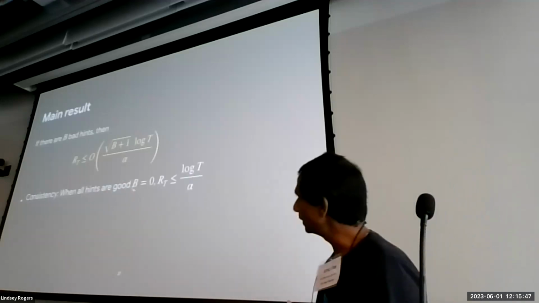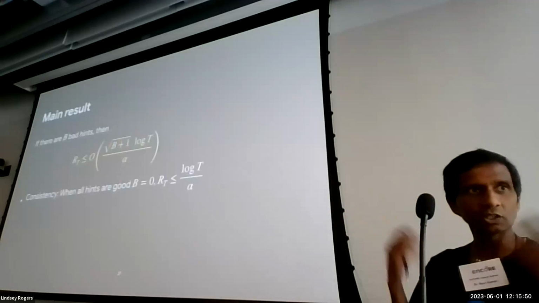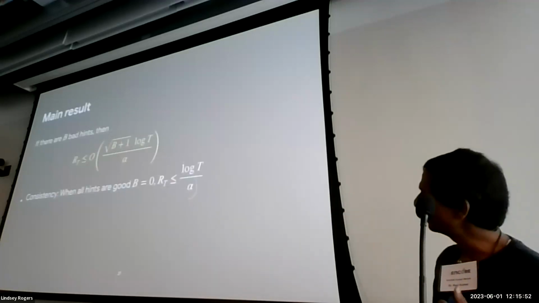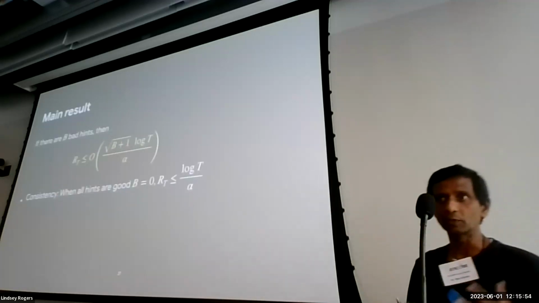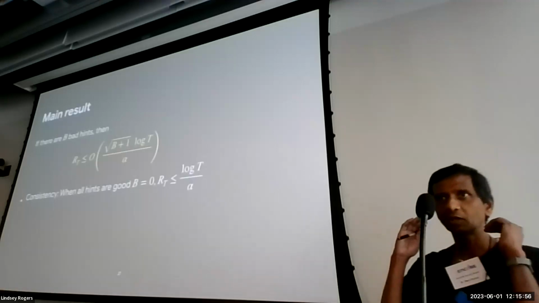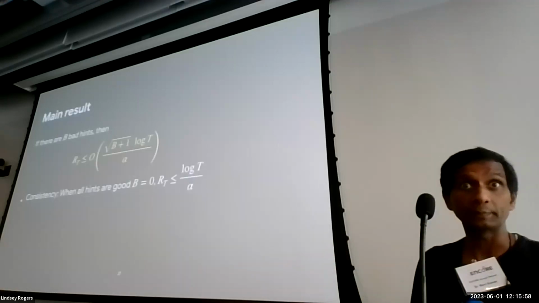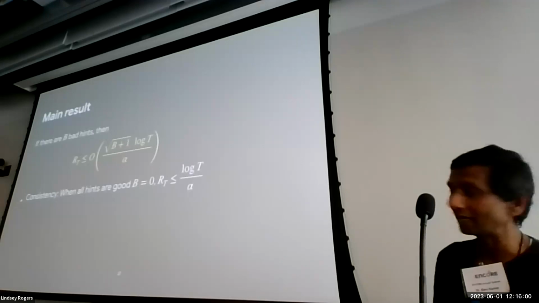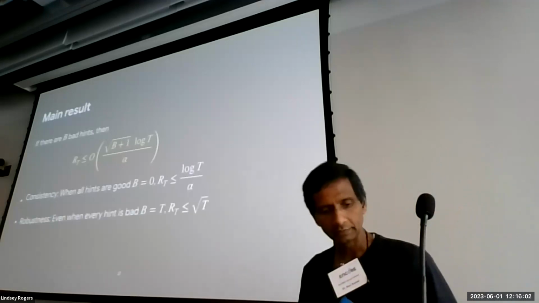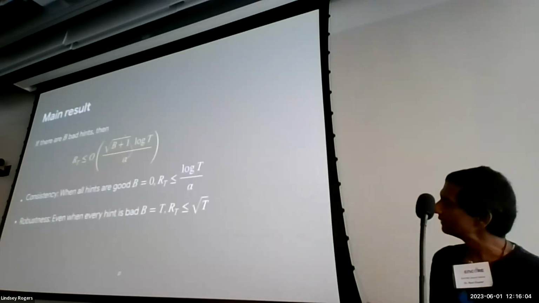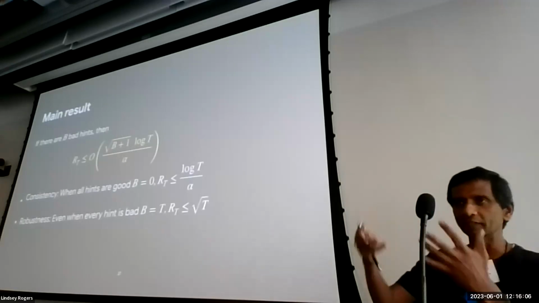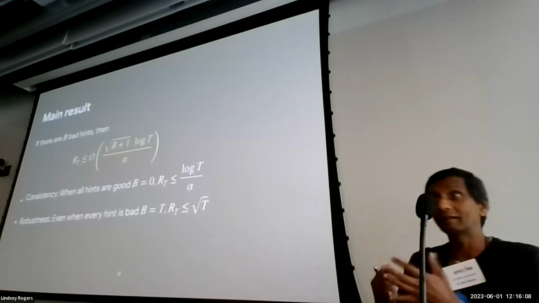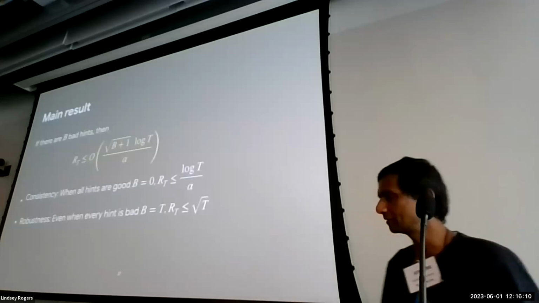When all hints are good, that means B is 0, there are no bad hints, then you get back log regret, which is exactly what you want: consistency, right? And robustness: even if every hint is bad, every hint is adversarial, think of the hint being a random vector, it's useless, right?